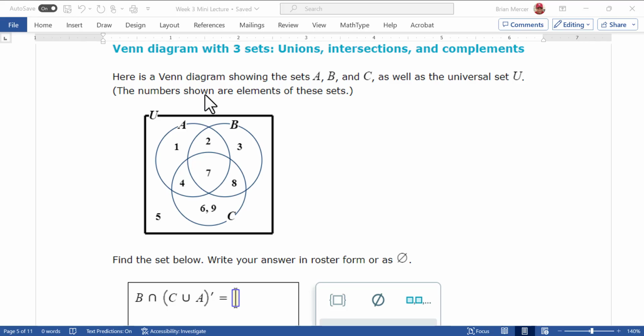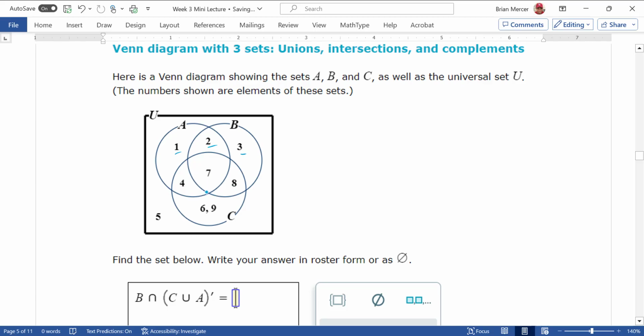So this topic is called Venn diagram with three sets, and we're looking at unions, intersections, and complements. Here we actually have a Venn diagram, and it's important to point out this is not numbering regions.